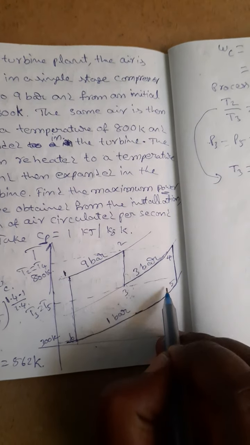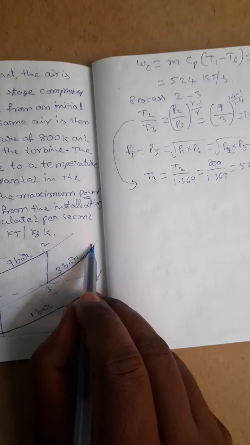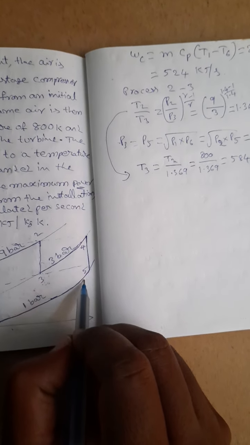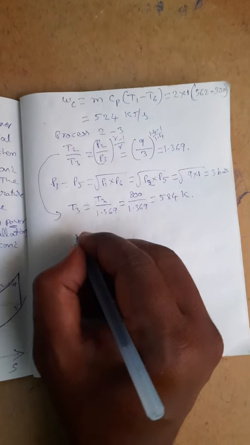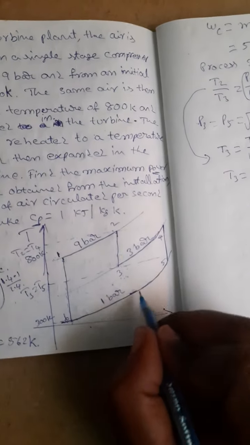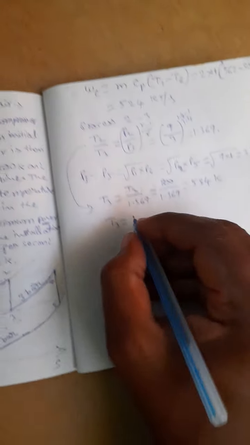At 4 to 5, what is the relation? Same temperatures. So no need to calculate again. Directly we can say, according to the condition or according to the TS diagram, T3 equals T5.